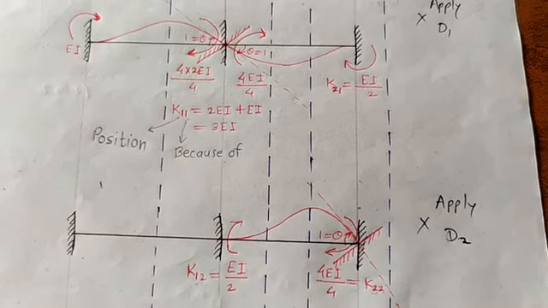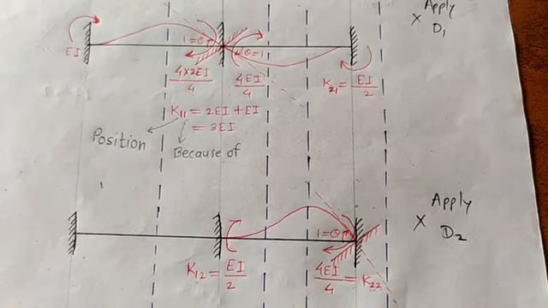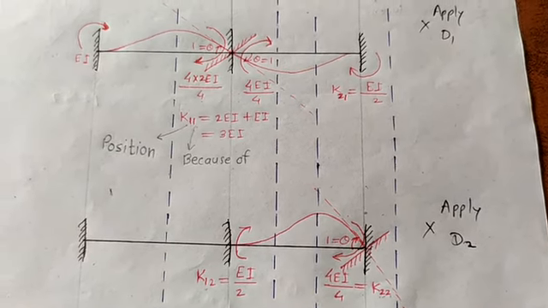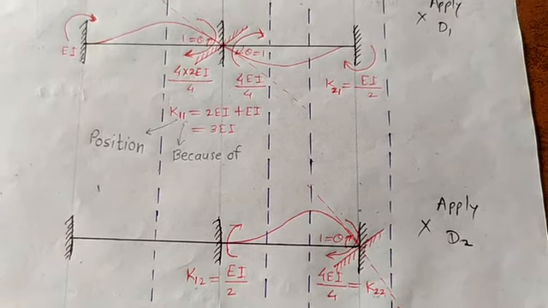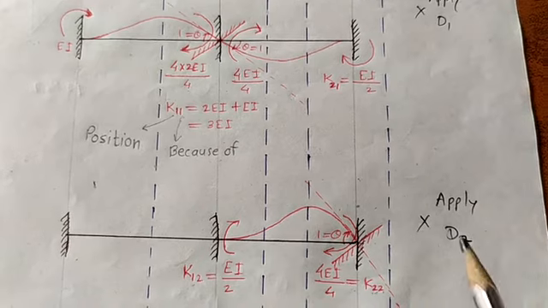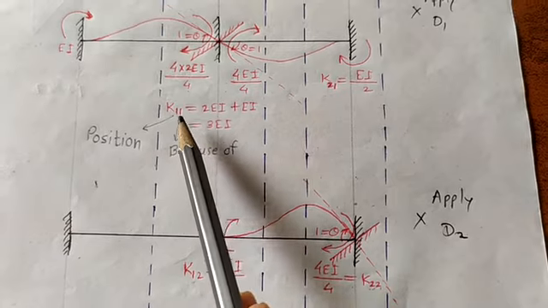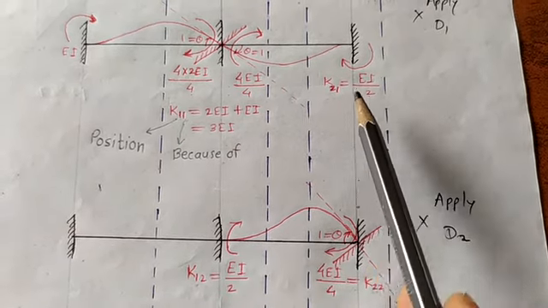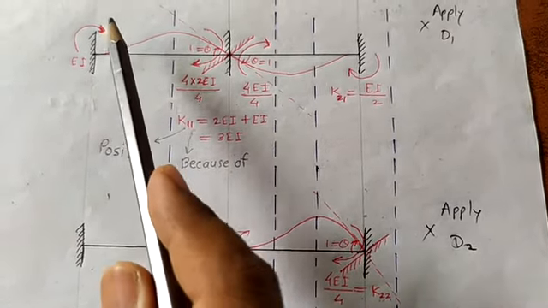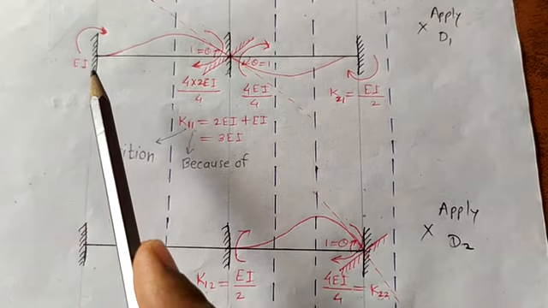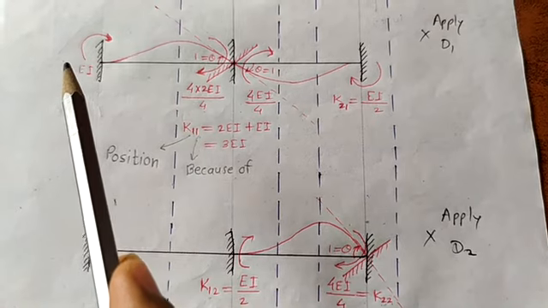Remember, we have taken the unknowns as D1 and D2, and D1 and D2 are applied at joint B and joint C. That's why whatever moments are acting at joint B and joint C are given the name stiffness coefficient K. We do not give any name to this moment because it is acting at joint A, and joint A is not an unknown joint.